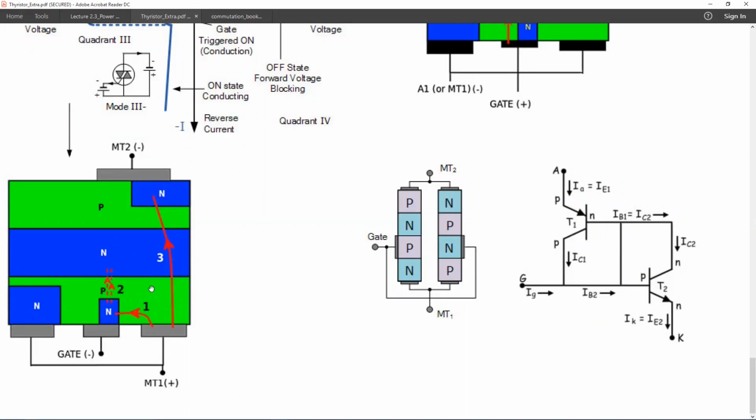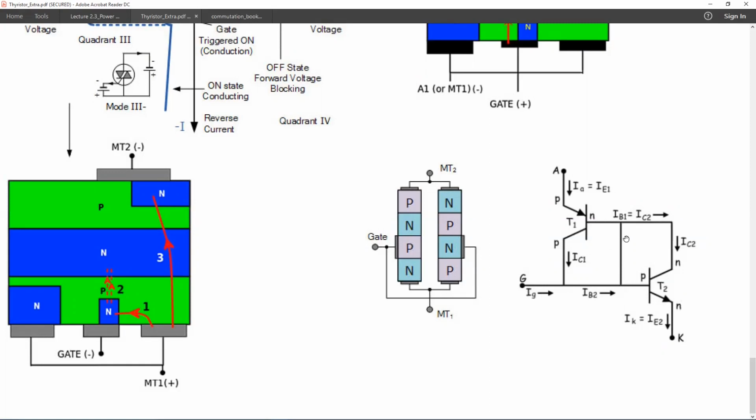In order to turn on the thyristor, we must understand the two transistor model. In this two transistor model, if we short these two bases and provide a positive gate pulse, this will turn on this NPN transistor. If we provide a negative gate pulse, this will turn on this PNP transistor.